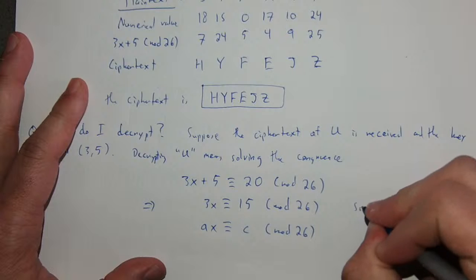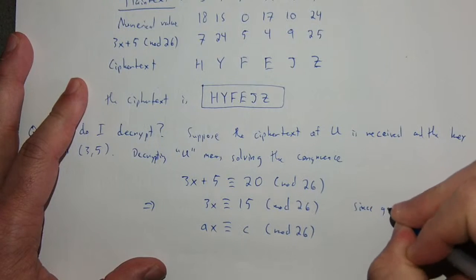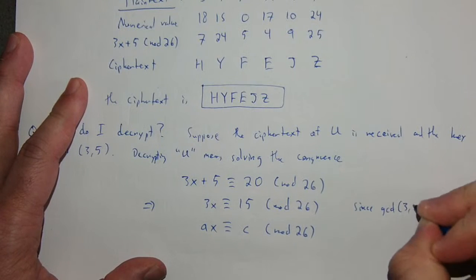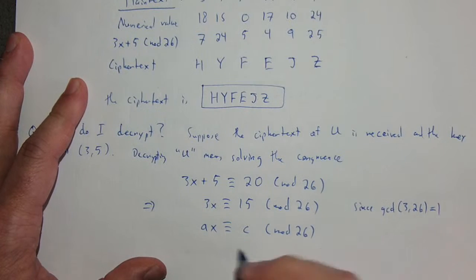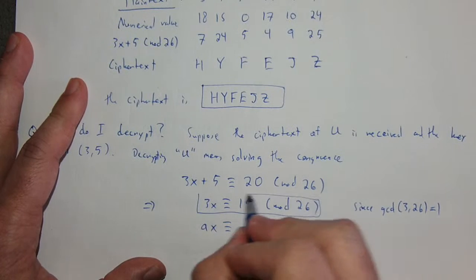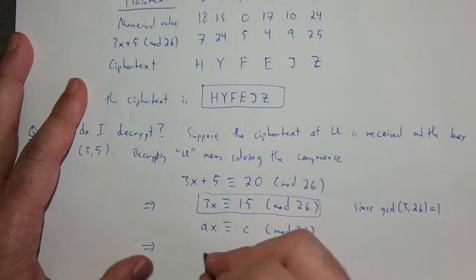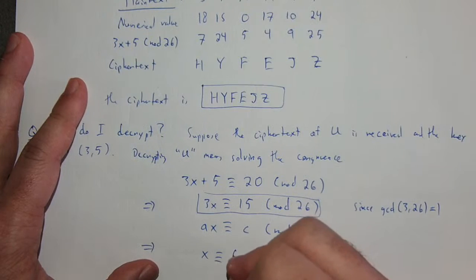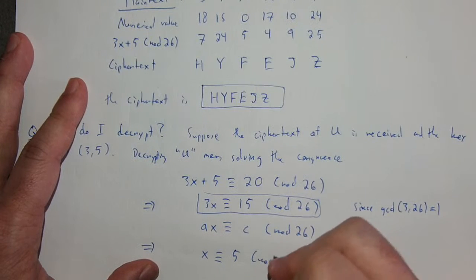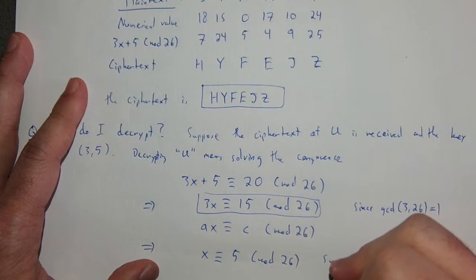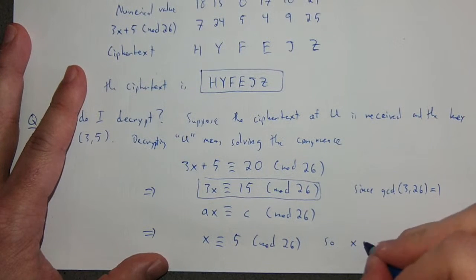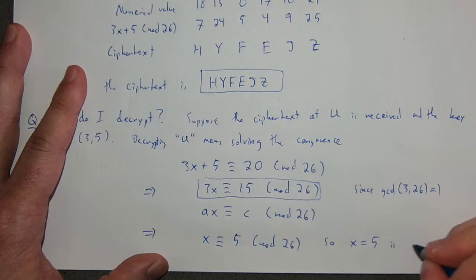So since the GCD of 3 and 26 is 1, I can divide by 3 and get that x is congruent to 5 mod 26, so x equals 5 is the solution.